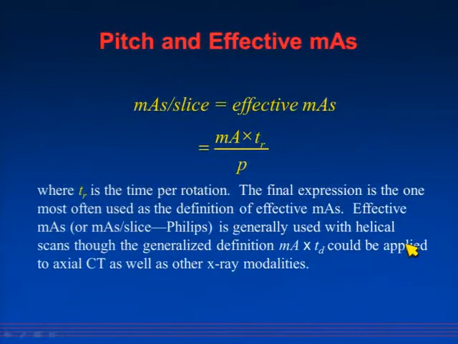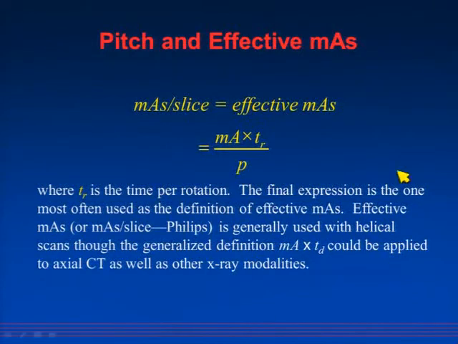Pitch and effective mAs. I'm not going to dwell too much on this because the equations are going to be available in the slides, and I hope to send out a slightly corrected version. I haven't changed them much. Anyway, this is the equation that's usually used to define effective mAs, but what I told you is that it's the tube current times the amount of time that a point is irradiated.